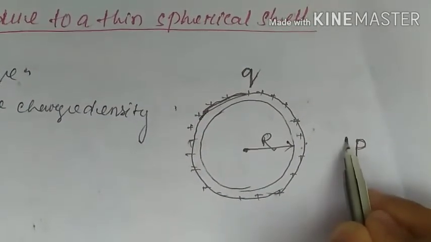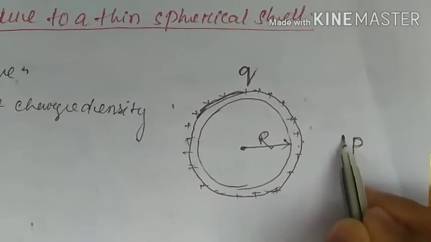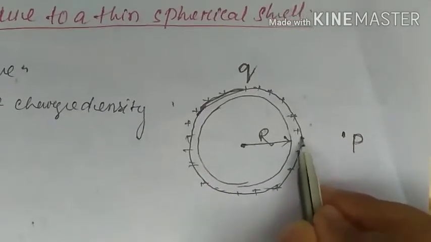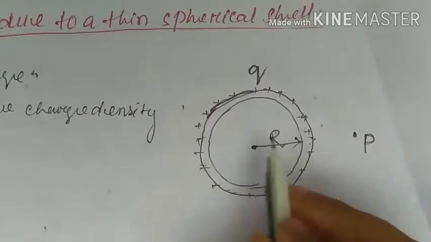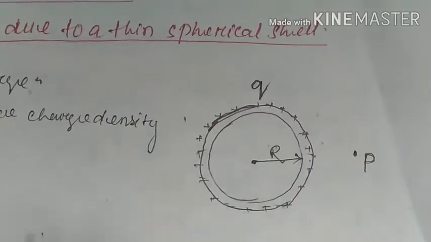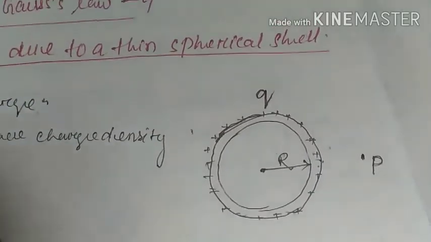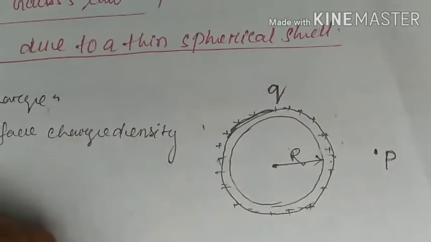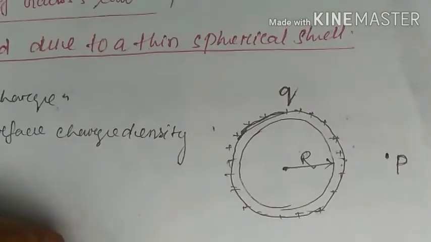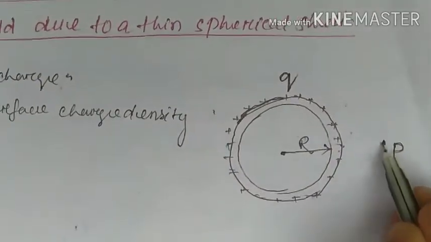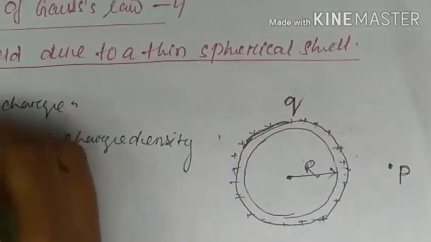One, point P may be outside the surface. It may be on the surface. It may be inside the surface. So we will discuss one by one. At first, I am discussing the electric field when the point P lies outside the spherical shell. So the outside case.